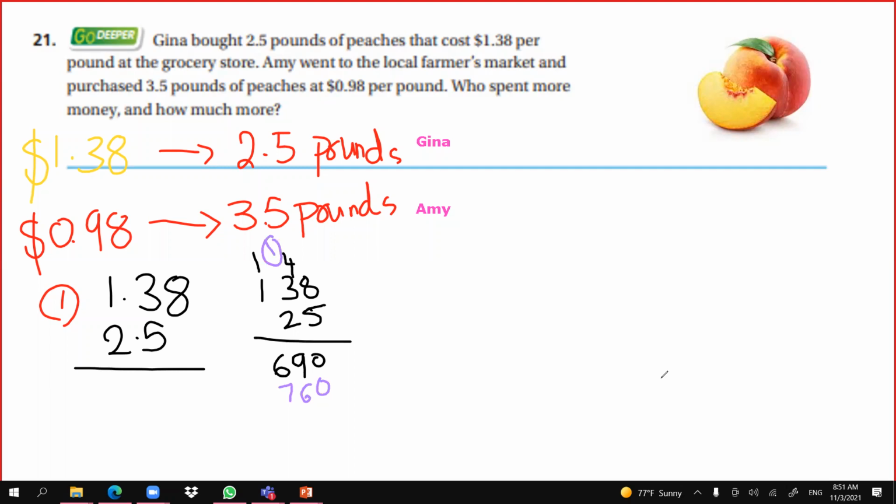Plus 1. 2 times 1. Bravo. Then where should you put the decimal point?